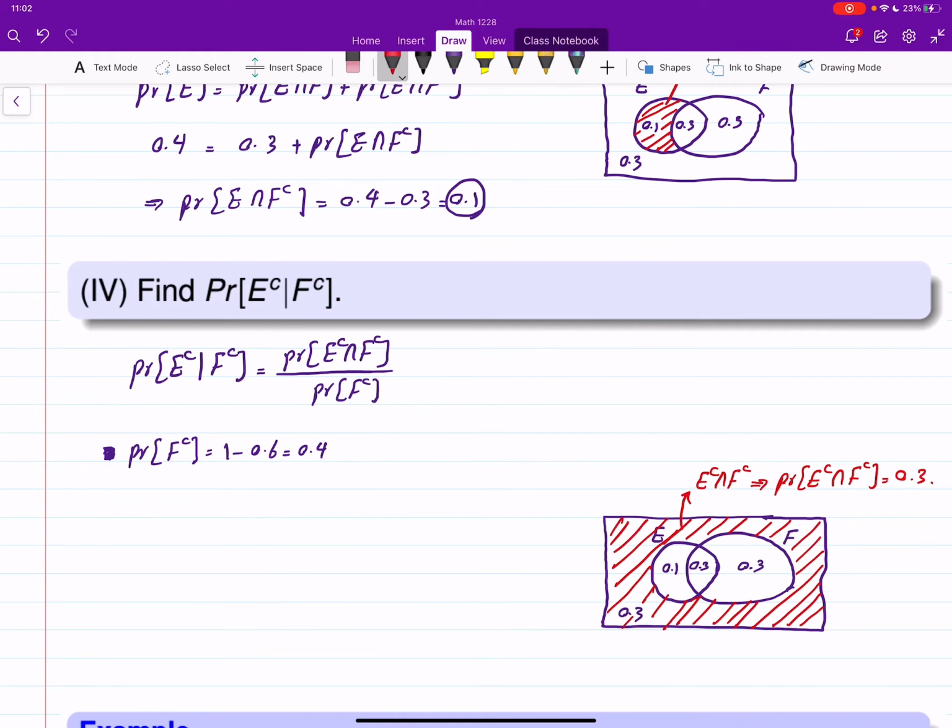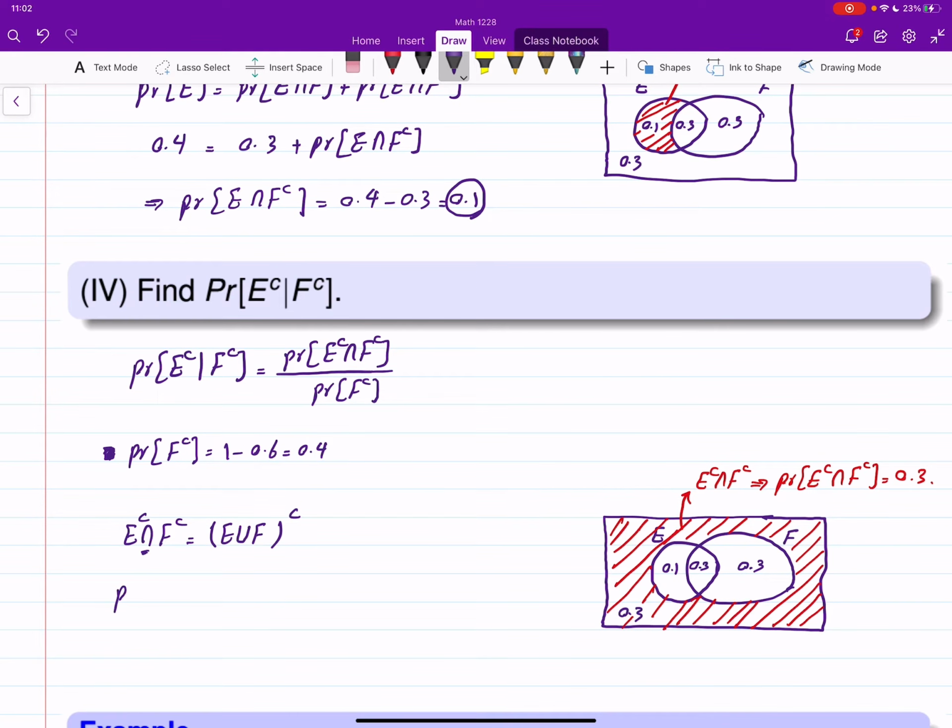Well, you can do the formula as well, because here you see that E complement intersect F complement. If you use De Morgan's law, or try to write this thing as the complement of one thing, you can write it, but you have to make sure that you turn the intersection to union.